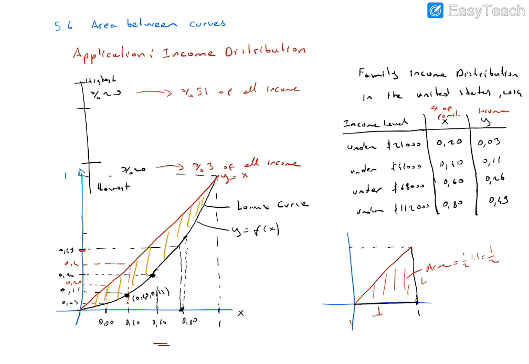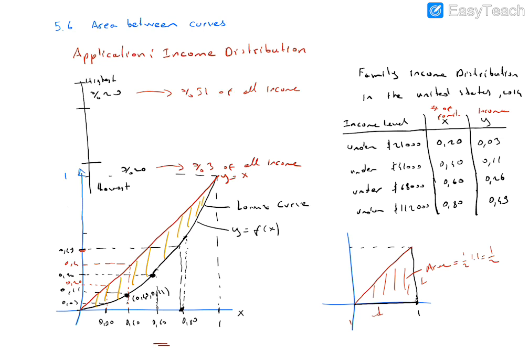We use the Gini index to measure income concentration. The Gini index is the ratio of two areas, the area between y equals x and the Lorentz curve, and the area between y equals x and the x-axis, this one, 1/2.